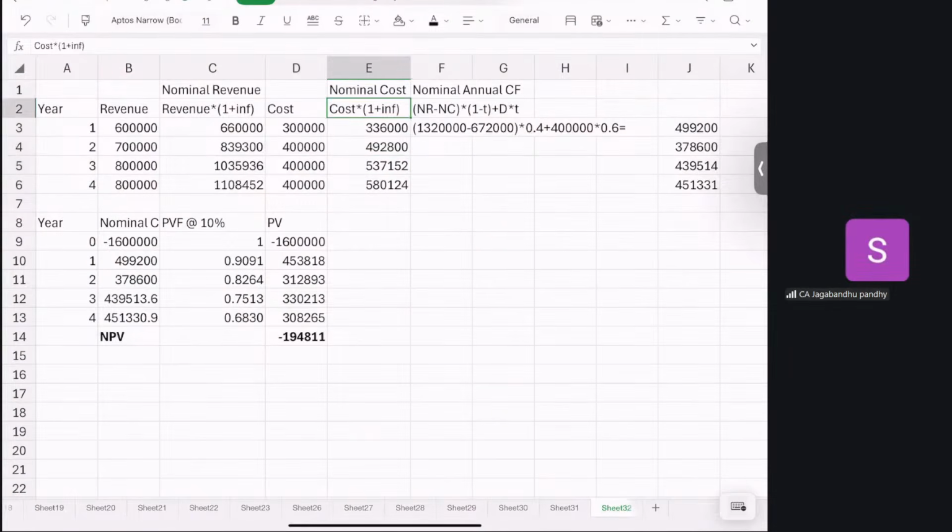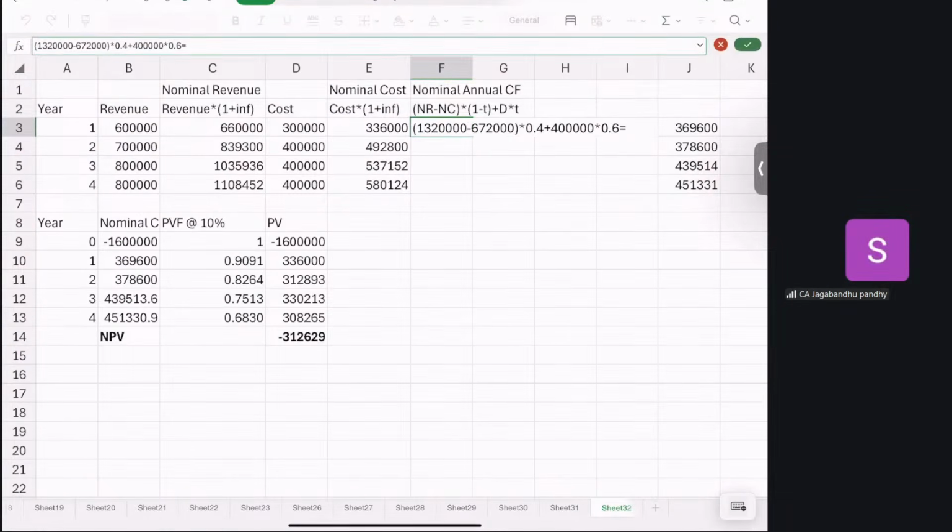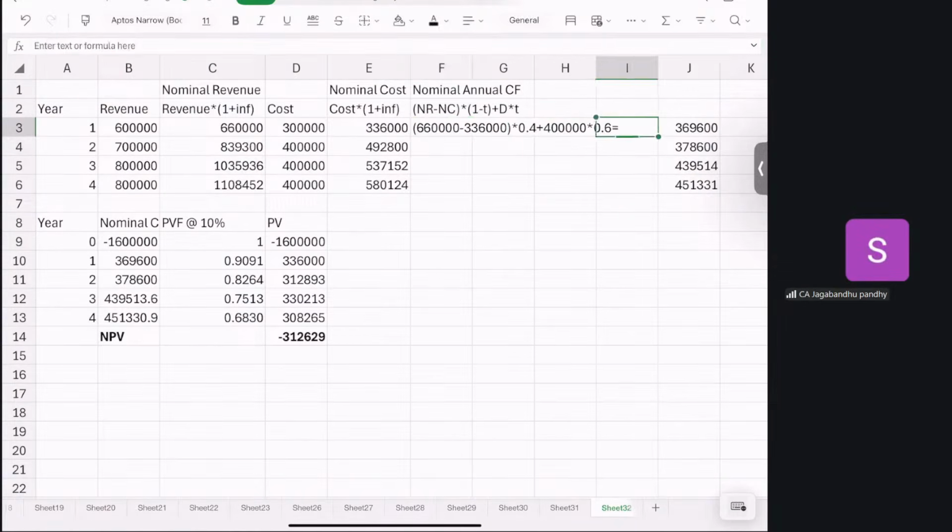And just look at the nominal costs. Are these the nominal costs? Yes, sir. Then finally we have 6,60,000 minus 36,000 into 0.4 plus 4 lakh into 0.6.